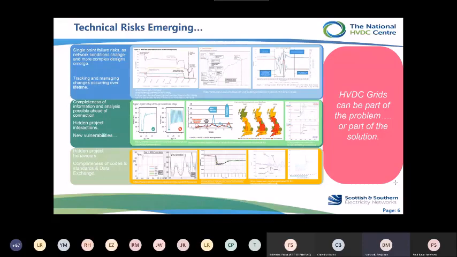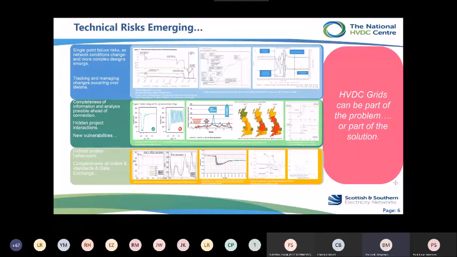That might be against an operational condition that was unexpected, or it may be a scenario of events, a multiple fault event, such as the one in South Australia, shown in the topmost left example. Or it may be that there are particular sensitivities in relation to a voltage disturbance, as illustrated by the 9th of August event, in the top two right examples.